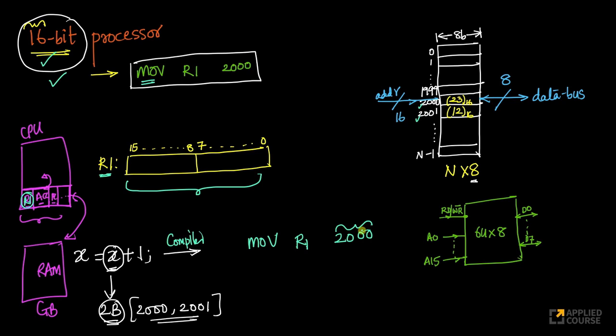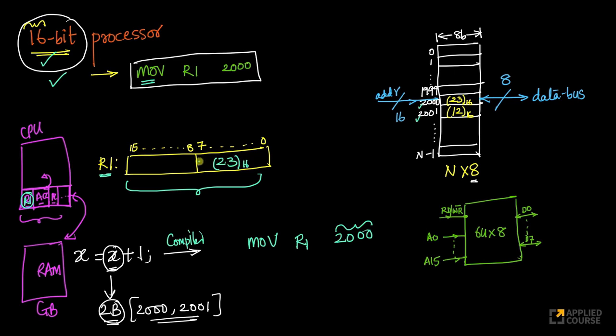There are two possibilities, and we'll come to those in a little while. One very simple possibility here is, since we have a 16-bit register, whatever is there in address 2000, we copy it to the lower 8 bits. Look at this. This is hexadecimal. Remember, this is hexadecimal.